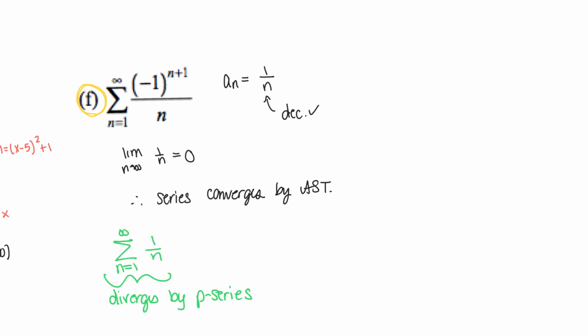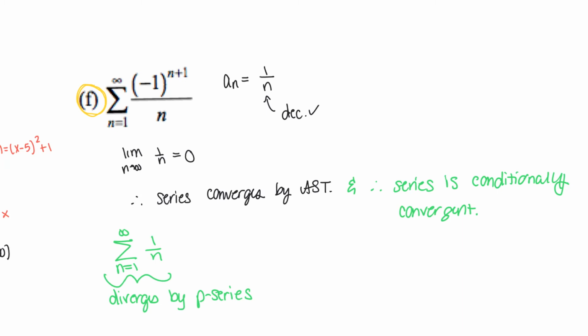And since its absolute value doesn't converge, it is not absolutely convergent. And we can add on that the series converges by AST, and therefore the series is conditionally convergent as well, when I did that absolute value test.